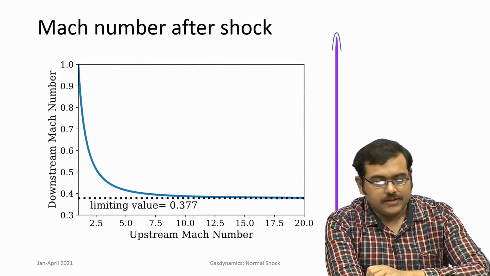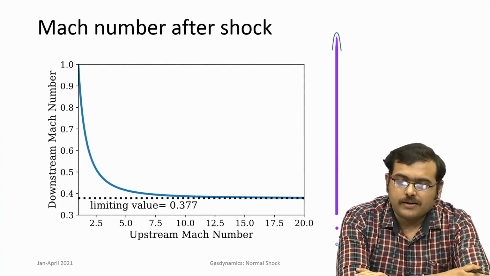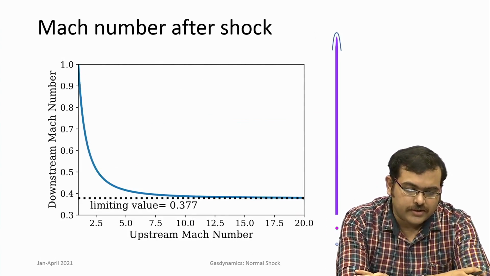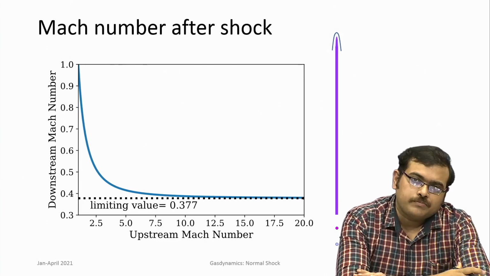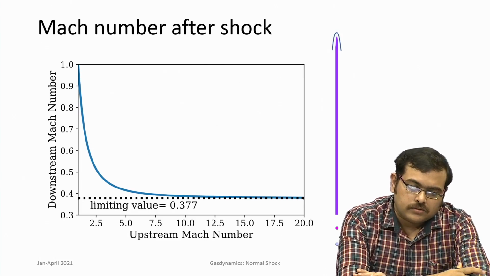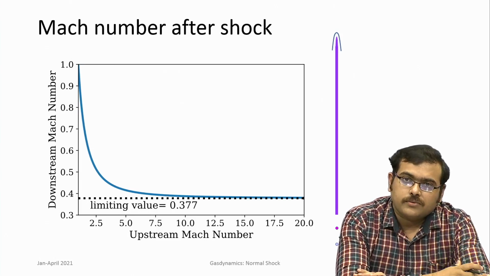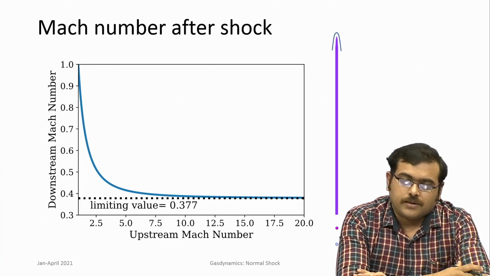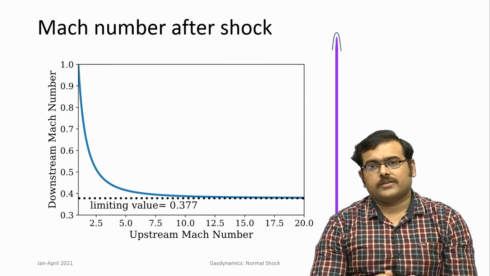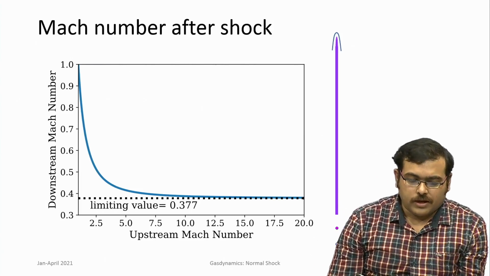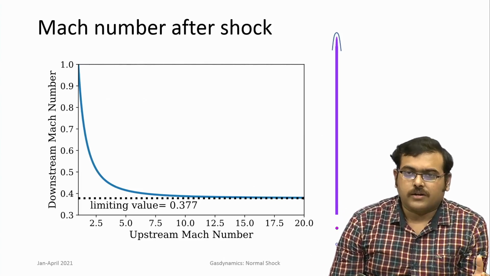Another interesting thing about the downstream Mach number of a shock is that you always have the Mach number downstream of the normal shock to be subsonic. A normal shock exists only in supersonic flow, so upstream is supersonic, downstream is subsonic.